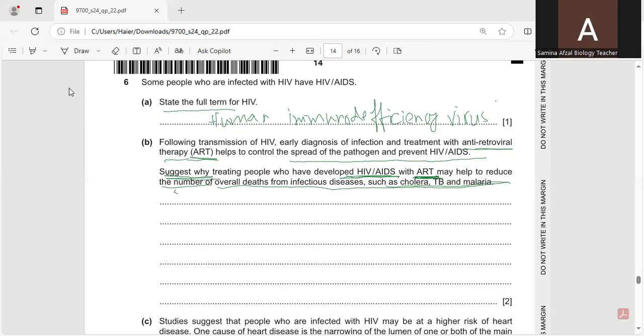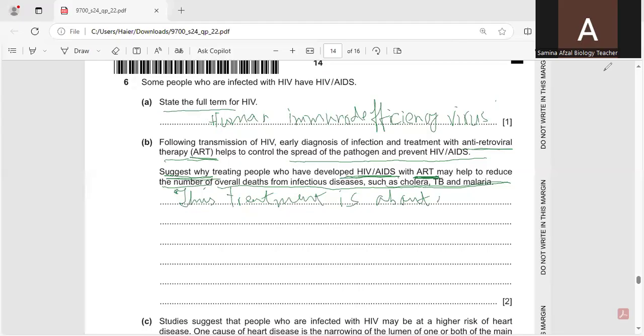Because this ART will reduce the effects of HIV and increase the immunity.